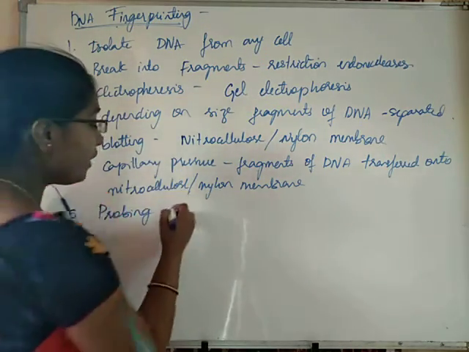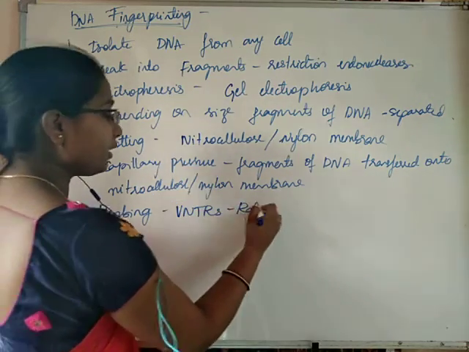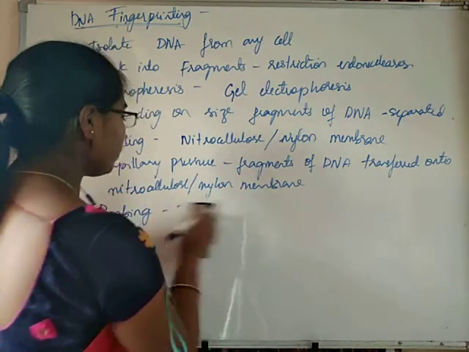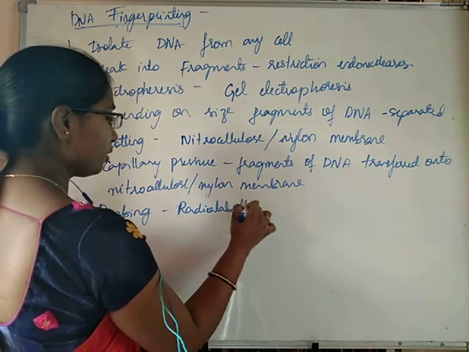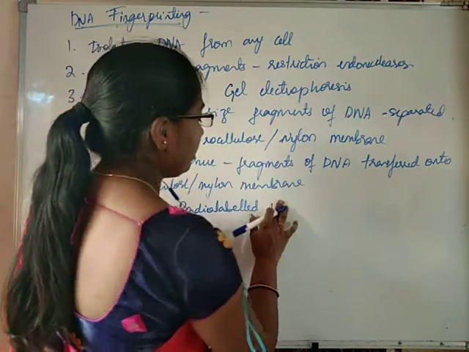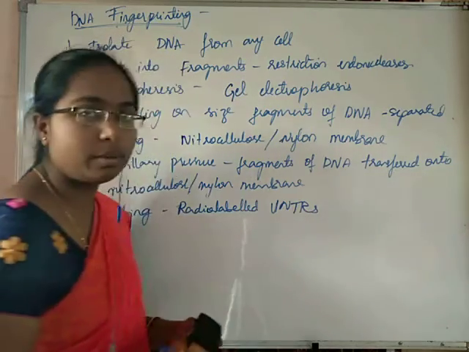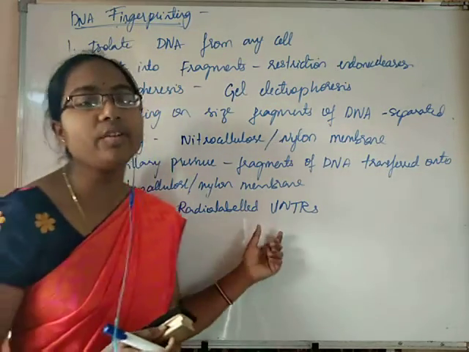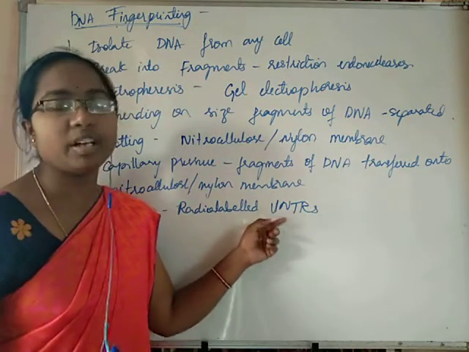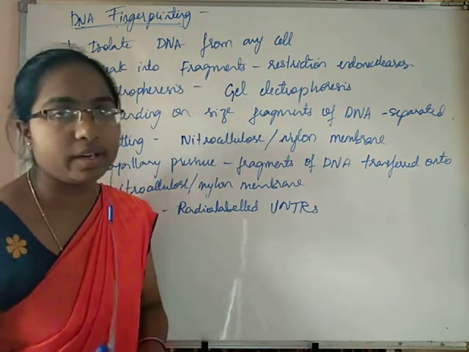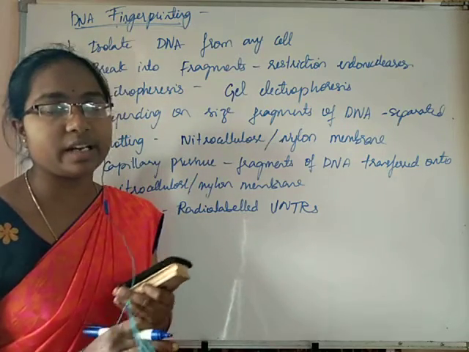We have variable number tandem repeats which are radio labeled. We pour these radio labeled variable number tandem repeats onto the nylon membrane, and we give them enough time to hybridize.